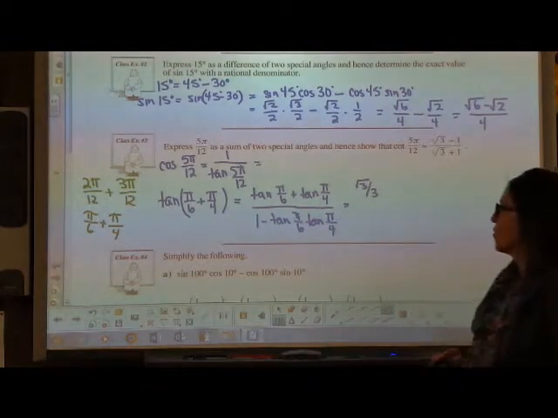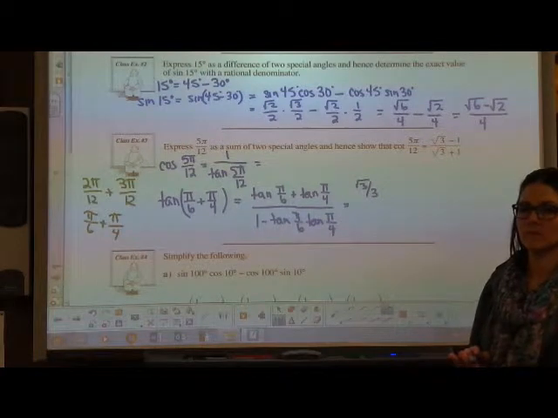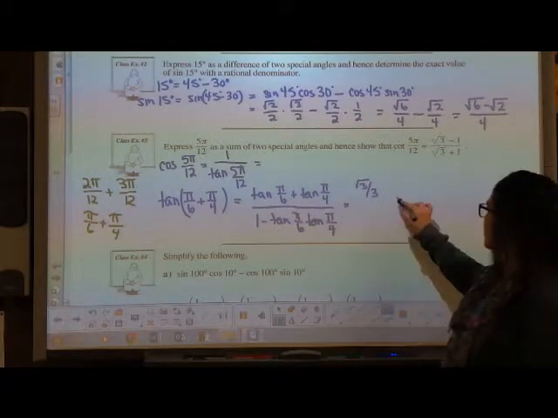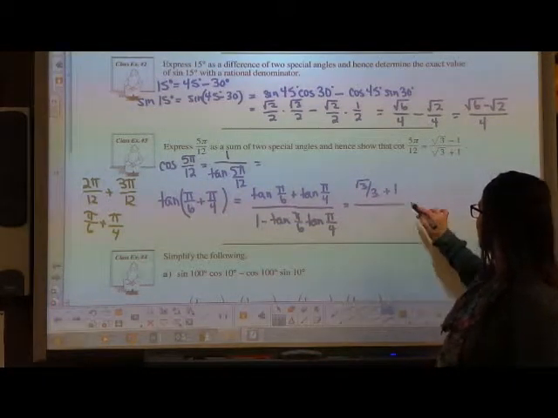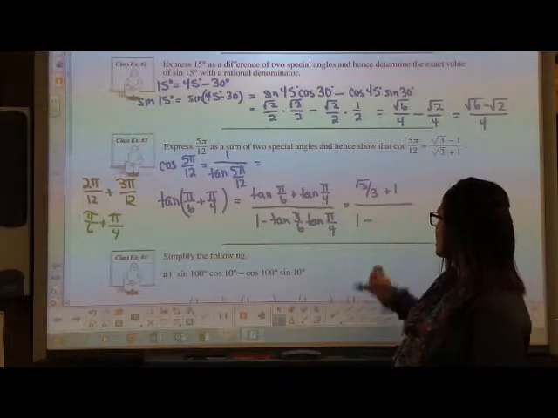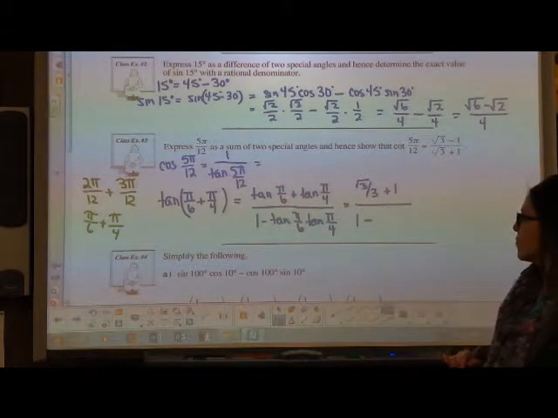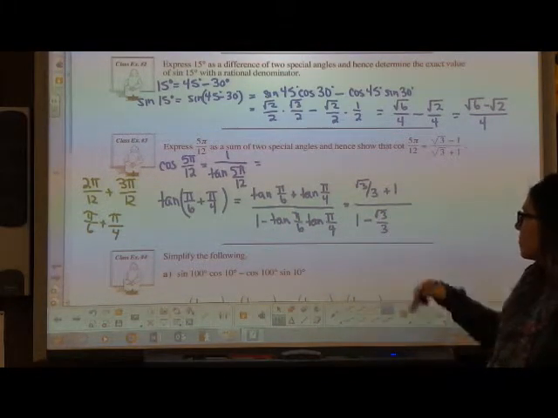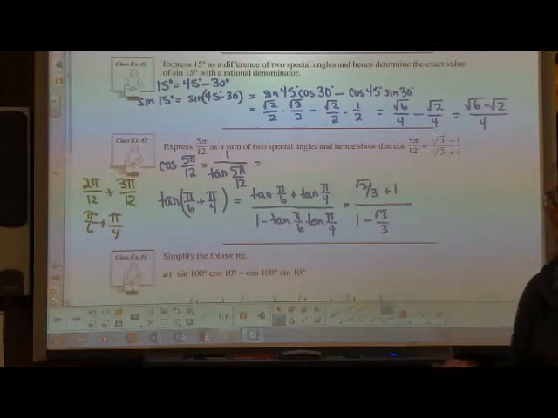And what's tan pi over 4? 1. And then on the bottom, I have 1 minus tan pi over 6, which is root 3 over 3, times tan pi over 4, which is 1. So I'm just going to leave this as 1 minus root 3 over 3.